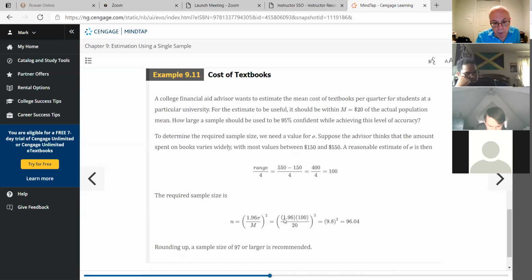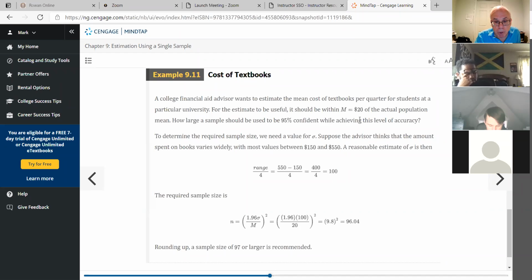Okay, so you find the critical value, you find an estimate for sigma, which again, they may give you the estimate, but if they don't, they'll give you something like this, where they give you a range of possible values for the variable. Just subtract those two numbers, divide by 4. And the margin of error in this case is 20, because they say the estimate should be within $20 of the actual population mean.